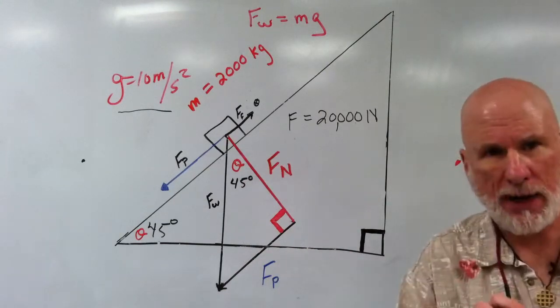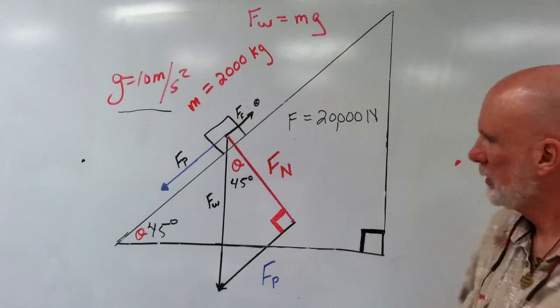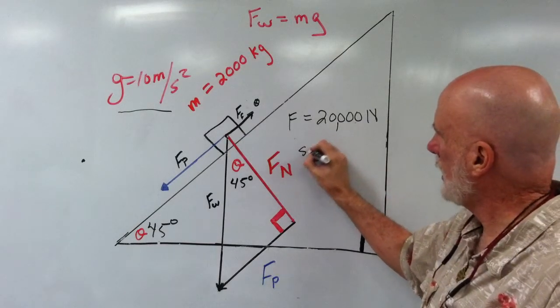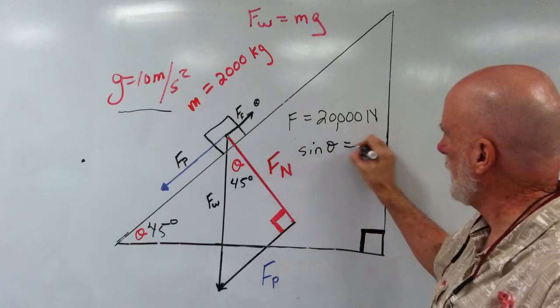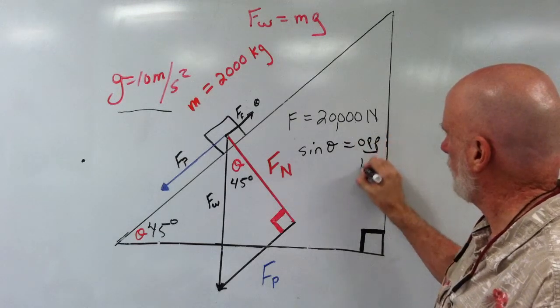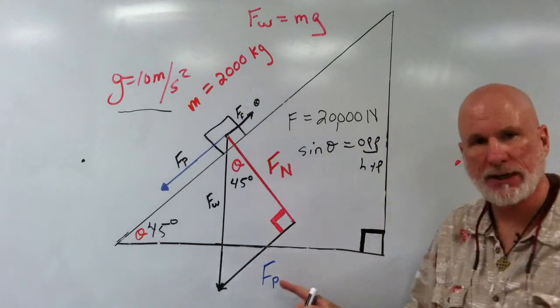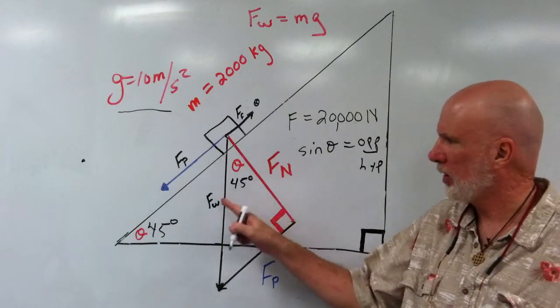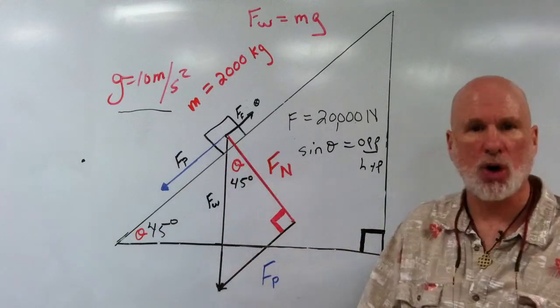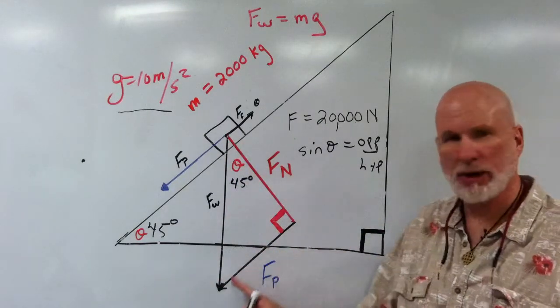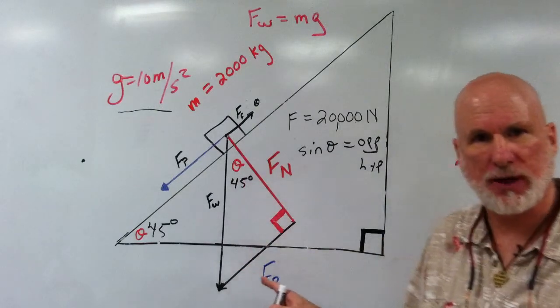We've gone through this before: sine theta equals opposite over hypotenuse. You'll see that's the exact function we're looking for. This is the hypotenuse, always. This is what we're looking for, opposite 45 degrees.